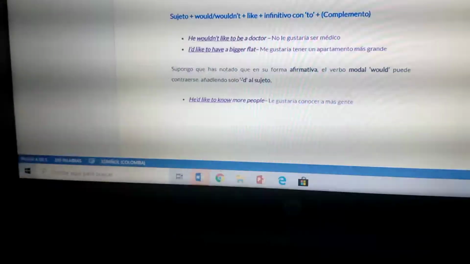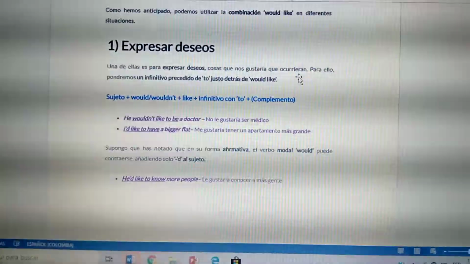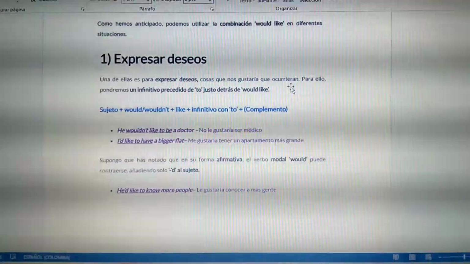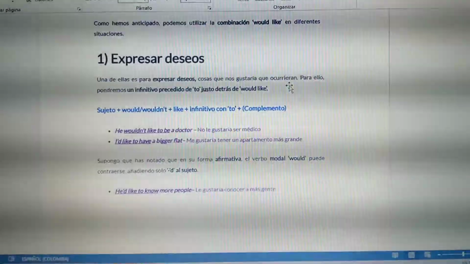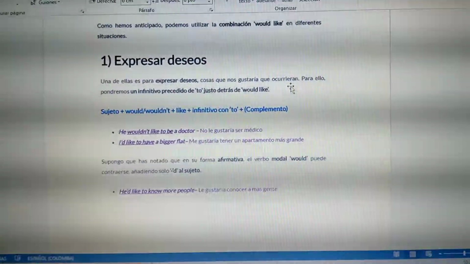Subject, plus would or wouldn't like, plus infinitive with to, plus complements. We wouldn't like to be doctors. I wouldn't like to have a bigger flat.